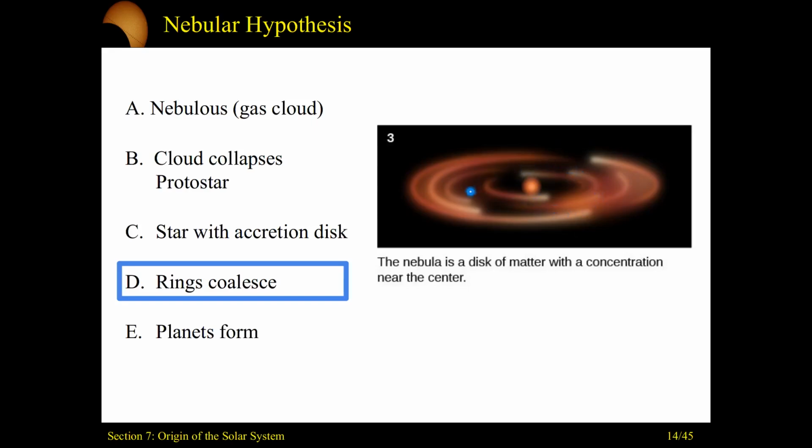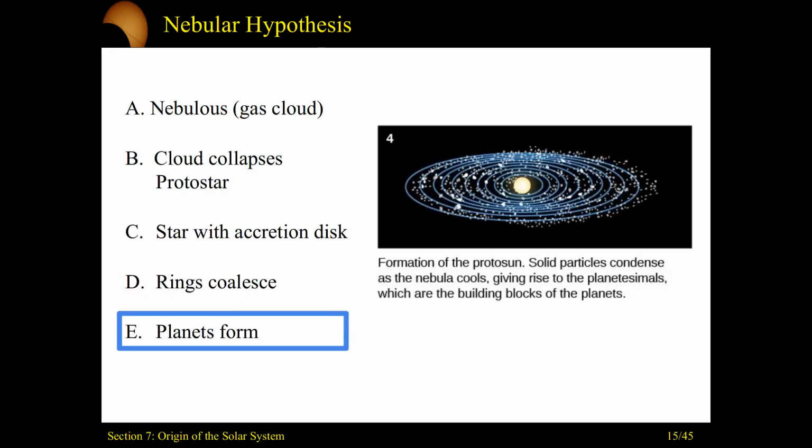Eventually, from that accretion disk, the rings will start to coalesce. And it's just due to the different speeds that things are rotating at. They'll start to distribute out, making these nice rings. And once you have rings of material, you can start having your rings collecting into planetesimals, eventually into planets.